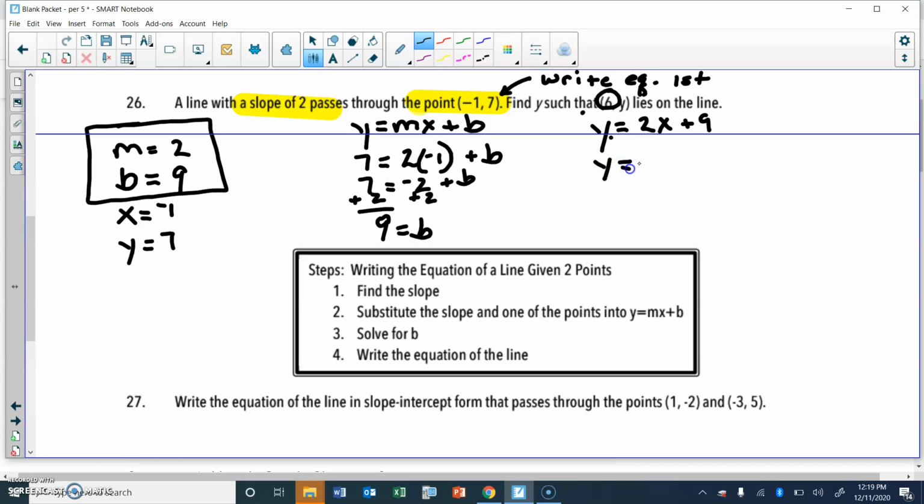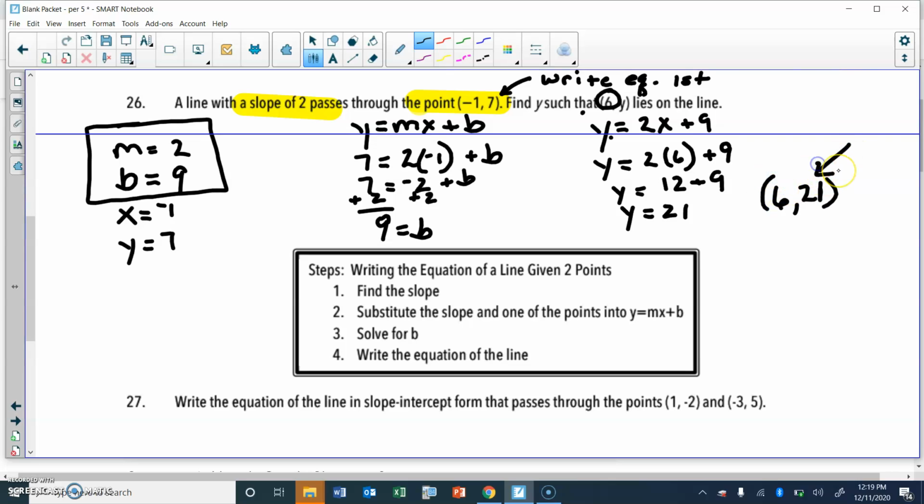So y equals 2 times 6, plus 9. So y equals 12 plus 9. 12 plus 9 is 21, so y equals 21. So when x is 6, y is 21.